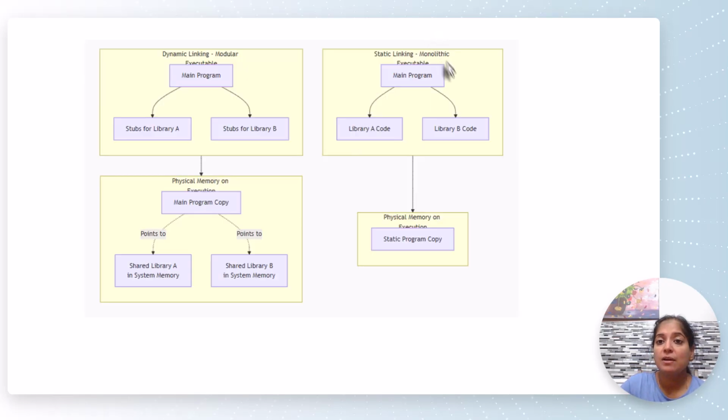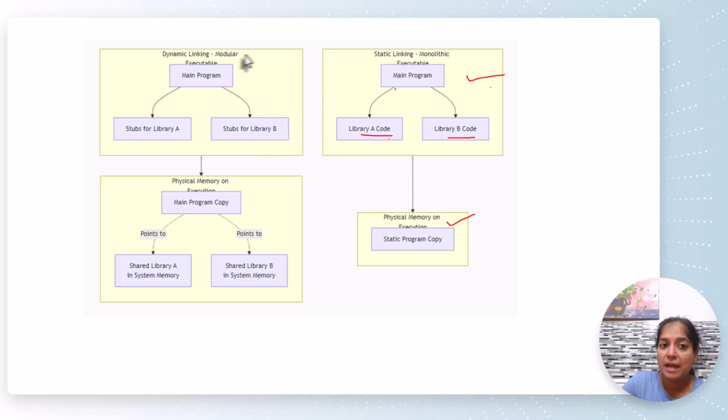So if you see here, this is the example of static linking. All the code, whether it is library A code or library B code, is combined into a single unit, a static program copy, and loaded into the physical memory.